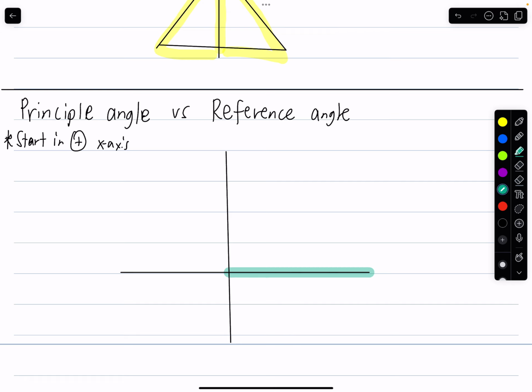Now, when we do this, we're going to go counterclockwise like this to a certain point. So let's say we land here. This right here is called the principal arm. This right here is called the terminal arm.